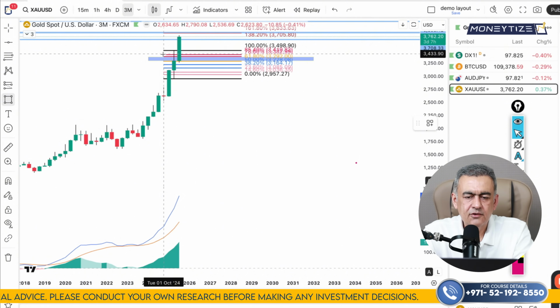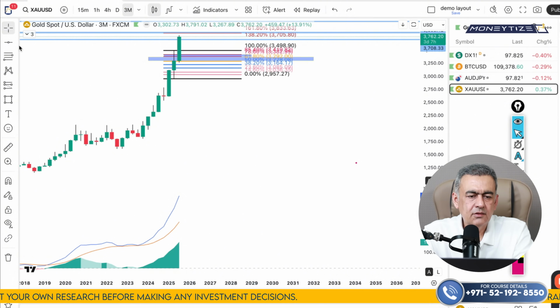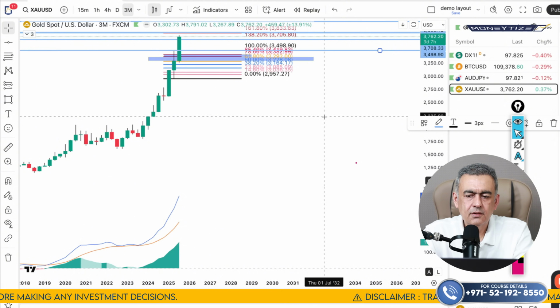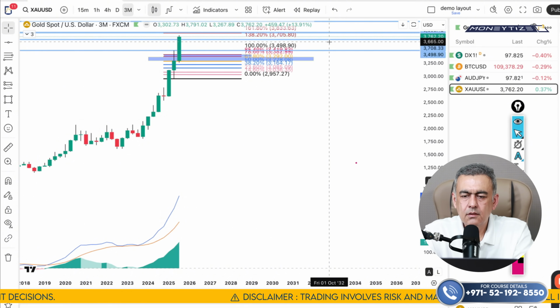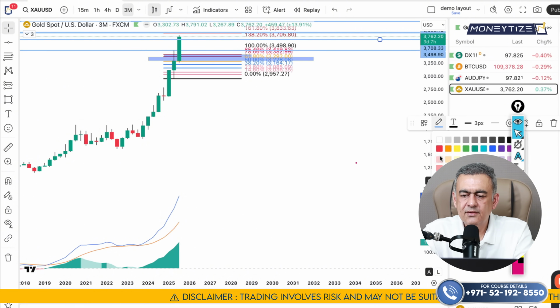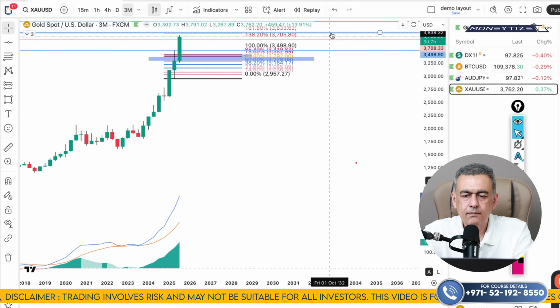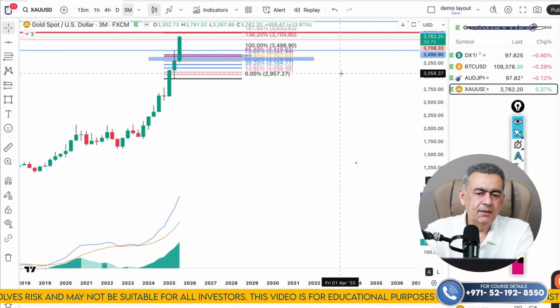So this area gets reinforced as support. And 3498, meaning 3500, is the closest support. I'm just changing the color here to red as our target, and the stronger target is here at 38.33. So 38.33 is highly possible.